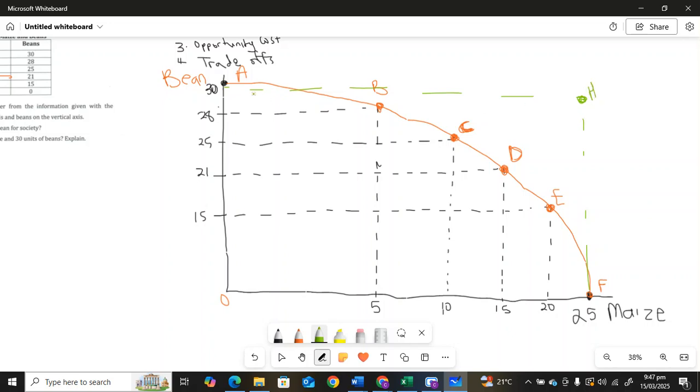No, because this orange line is your frontier, it's your limit. Beyond it, you cannot produce due to scarcity, limited resources. So they cannot produce 30 beans and 25 maize because of limited resources. So this point is unattainable at the moment.